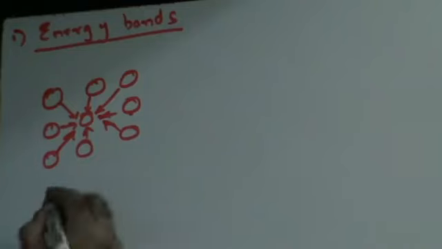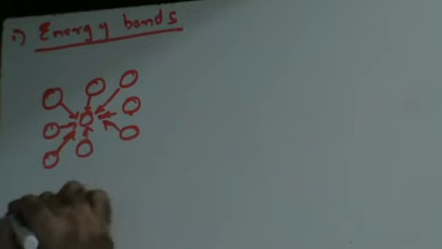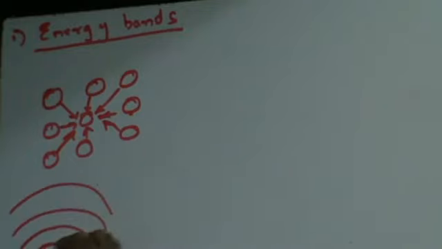So, see, if you had a nucleus, you have first orbit, second orbit, third orbit at a distance of say R1, R2 and R3, right?